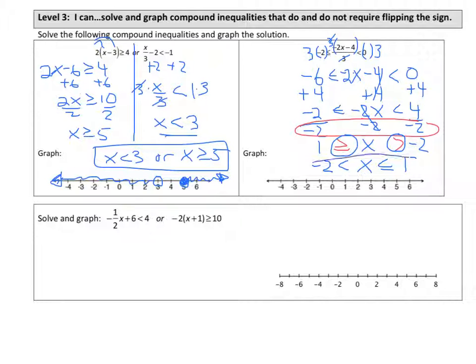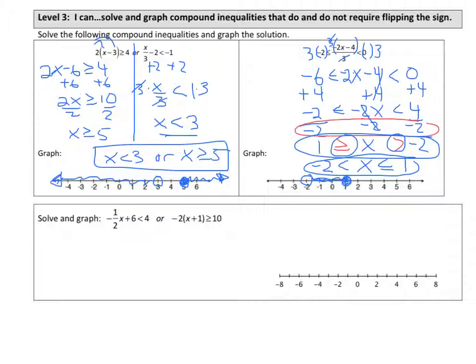If you had left this as your answer, that would have been okay too, but I think writing the numbers in order makes a little more sense with the number line. Now when we go to graph it, this is saying that x is greater than negative 2, so I have an open dot at negative 2 and I'm shading this way, and x is less than or equal to 1, so it's a closed dot at 1, and it's just shaded in the middle.